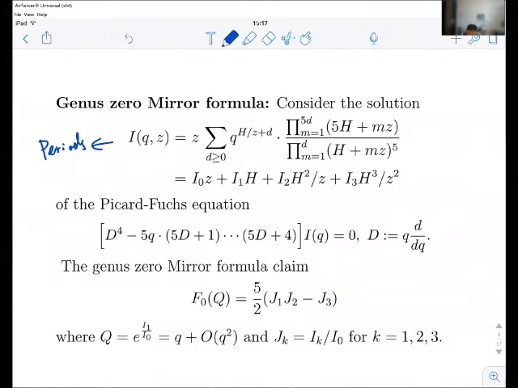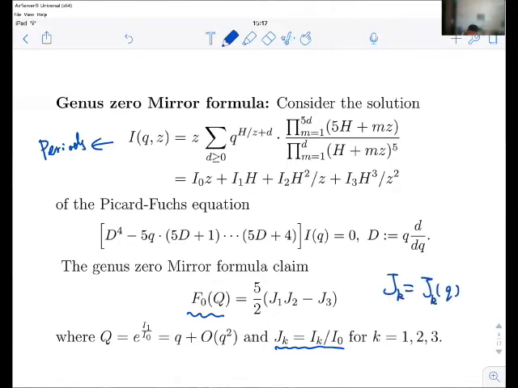And the genus zero mirror formula claims that you can recover this F0(Q) by simply defining some J functions. So this J_k is I_k divided by I_0 for k equal to 1, 2, 3. And we see these J_k are functions of small q.